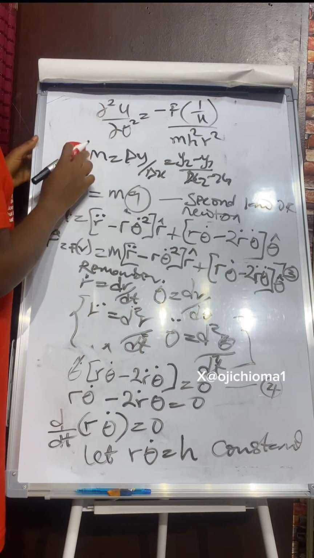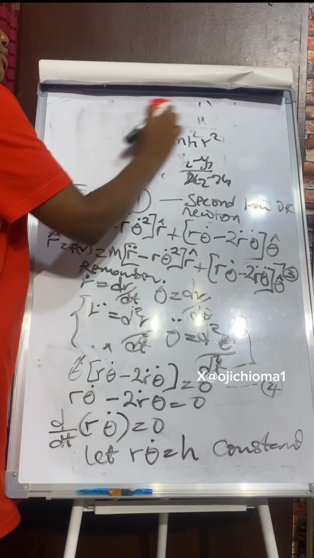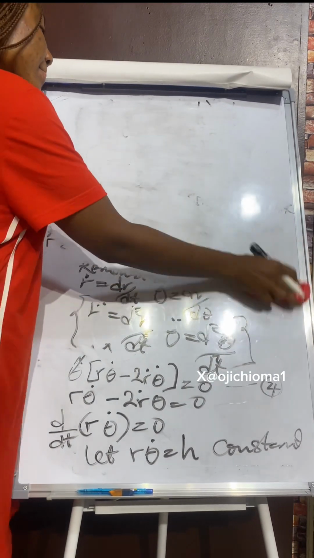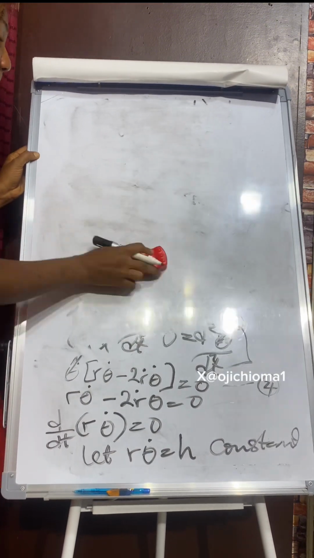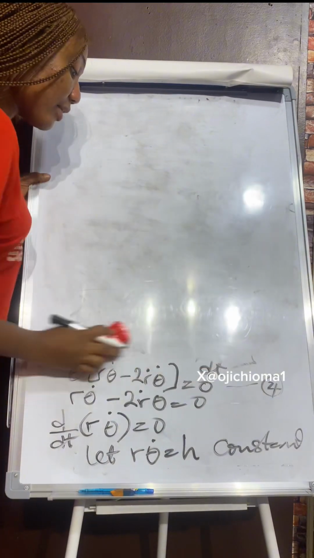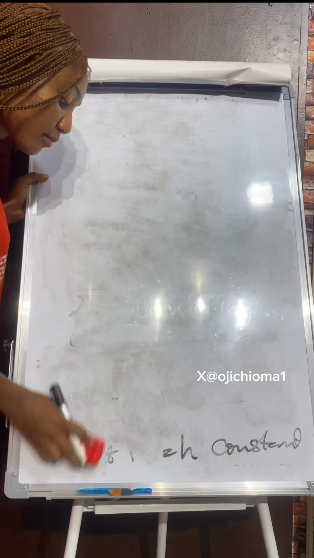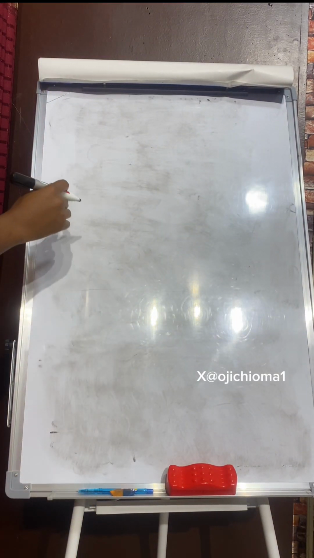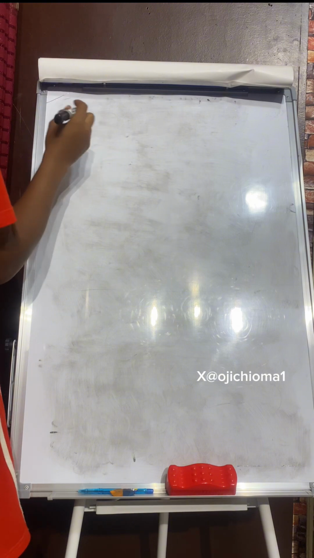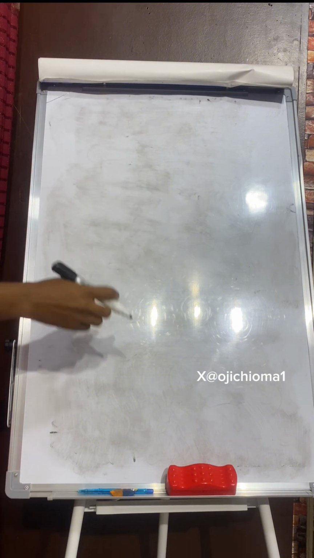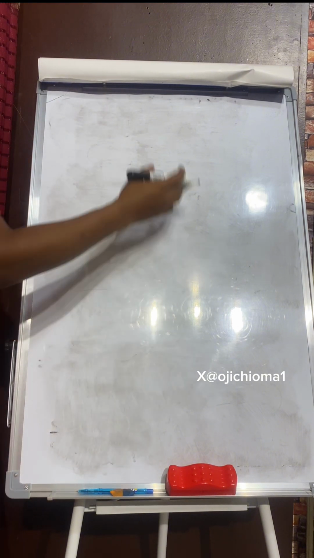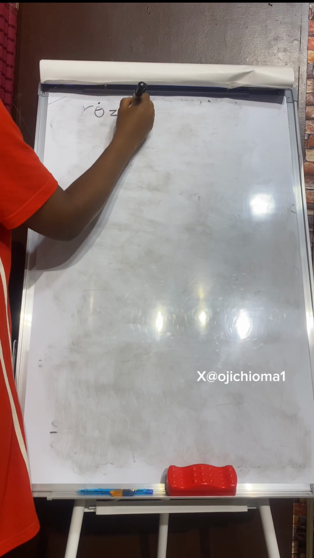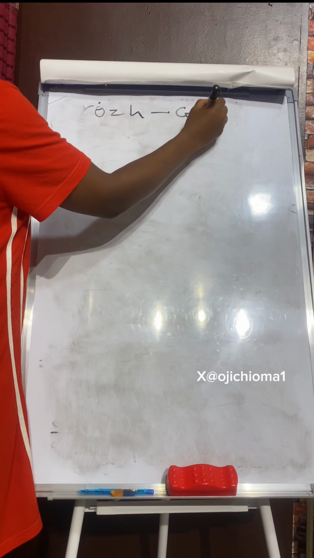Going back to the beginning, remember we are still solving for this question. Remember that from the last equation, we just finished the angular displacement part, and we resolved that r squared theta dot equals a constant.